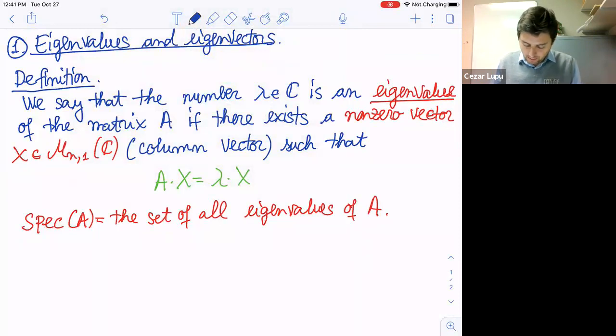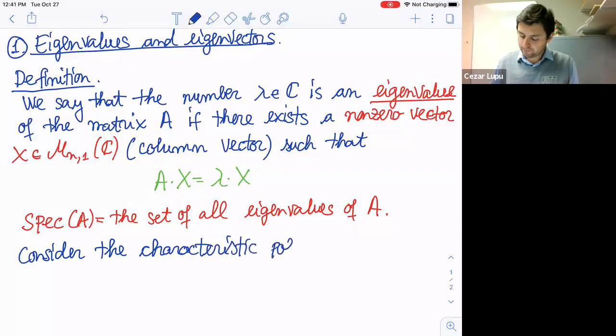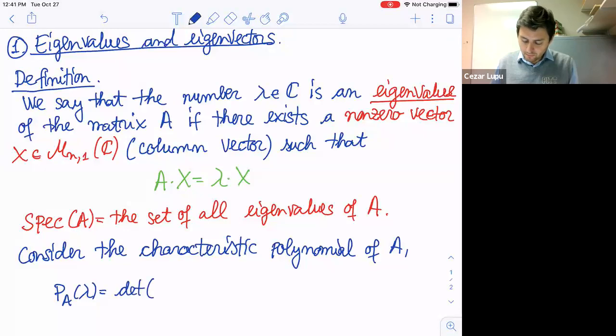So let's consider the characteristic polynomial of the matrix A, which is given by, let me remind you, P_A of lambda, which is the determinant of lambda times the identity minus A. But you can also write this in the following way.